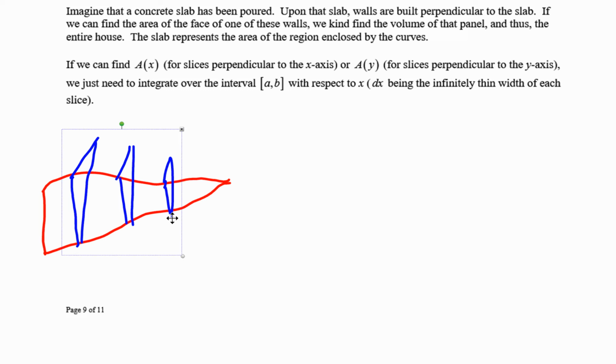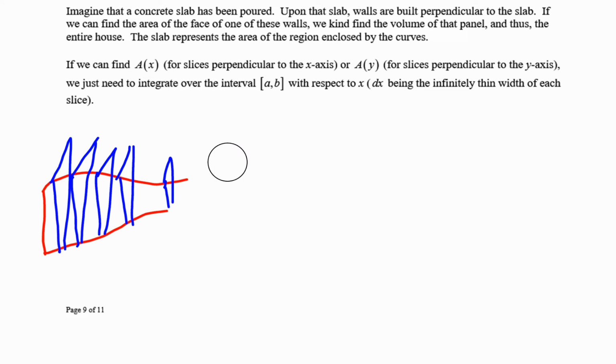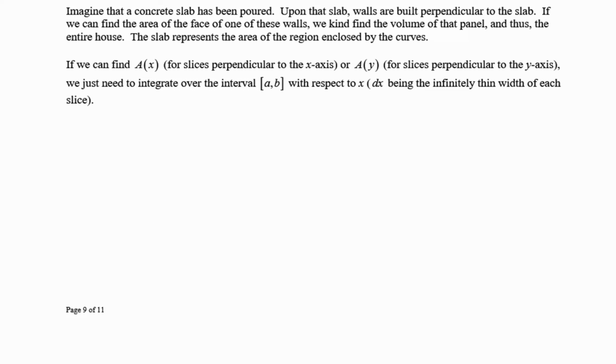Okay, it's really hard to draw in 3 dimensions. I'm not the best at it, but it'll suffice. Okay, so we have all these right angled triangles being built up from that. So this is kind of how we're doing it. We have a region, and we're going to find the area of each of these little slabs, these walls that are built up on the slab.